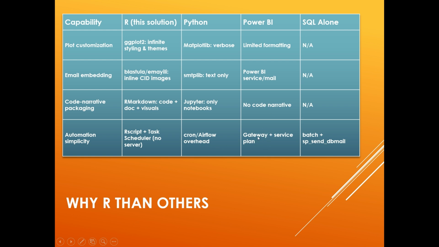Similarly, we need a Power BI gateway or service plan, which is even paid, and for SQL, in batch plus sp_send_dbmail you have to configure. But R is totally free. Source code is free, the software is very easy, with no debugging issues and no automation issues. You can customize it as you like, and as I told you, there are infinite libraries. I will just show you the comparison.